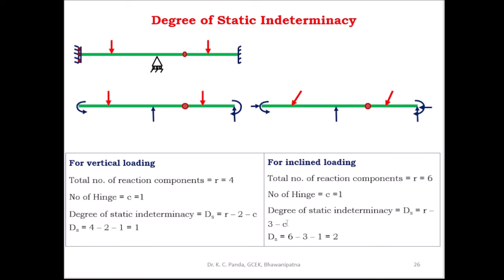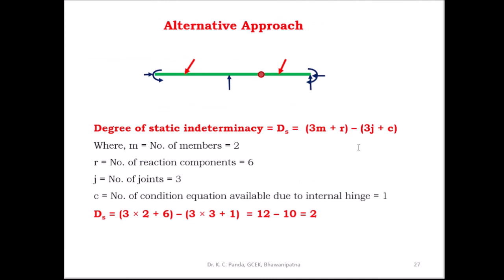And also you can find it by using the alternative approach with the expression ds is equal to 3m plus r minus 3j plus C. So here the number of members is 2, the number of reaction components is 2 plus 3 plus 3, that is 6, the number of joints is 3, and the number of condition equations available due to the internal hinge is 1.